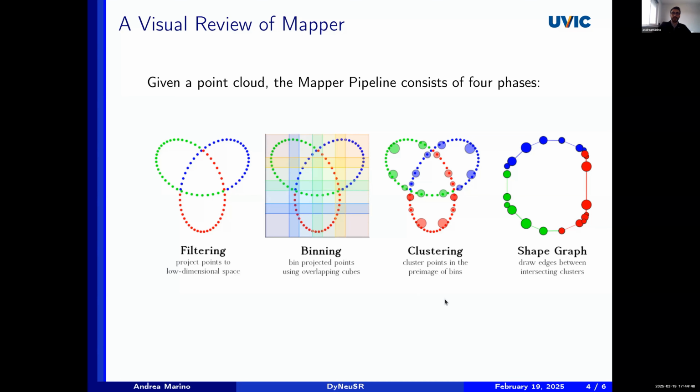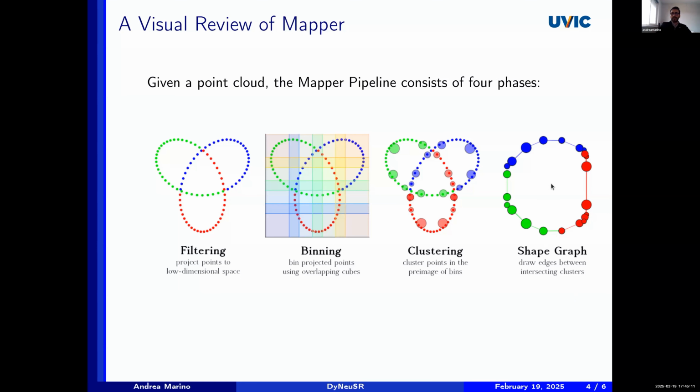And third step is clustering. So we take the pre-image of each of these cubes, and we cluster the points in the original space in each bin separately. And once we have these clusters, we can finally draw our shape graph.